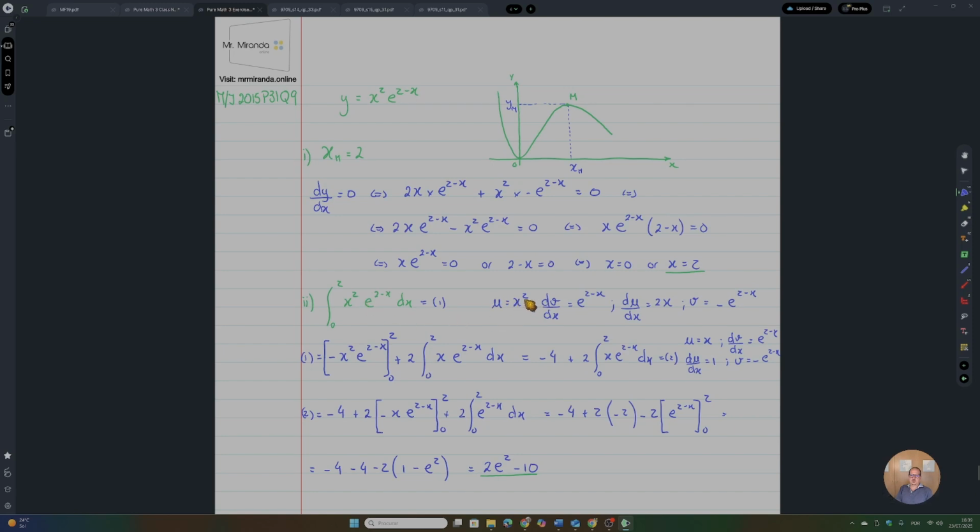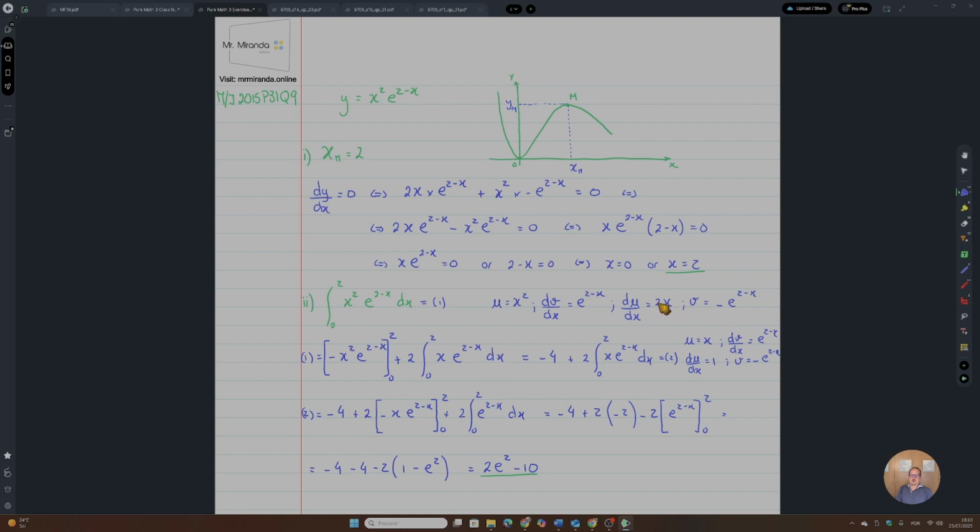So your u is going to be x squared, your dv by dx is going to be e to the power of 2 minus x. You get now your du by dx and your v, the primitive of that. So this is going to be equal to u times v, within the limits of integration, minus the integral of v times du by dx dx.